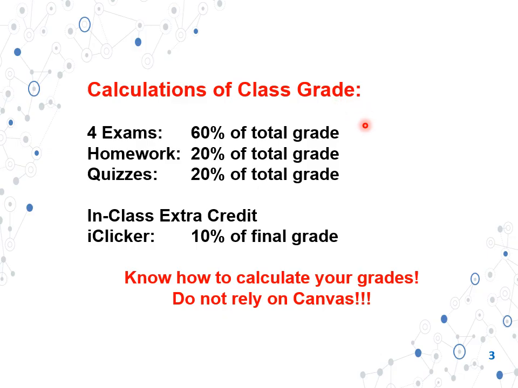Now, the grade that shows up on Canvas is not going to be your overall average grade or calculated grade. It's going to be wrong. I'm telling you, it's going to be wrong. Okay? Because the way I have to set up Canvas is in a way that I have to exclude the grade of one exam, because I allow you to take an optional 5th exam, which is the optional cumulative exam.